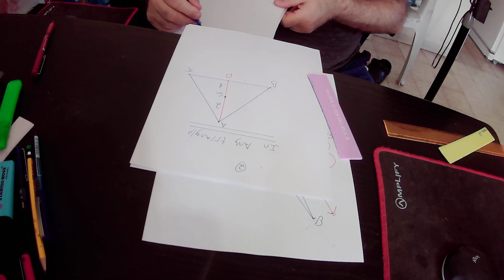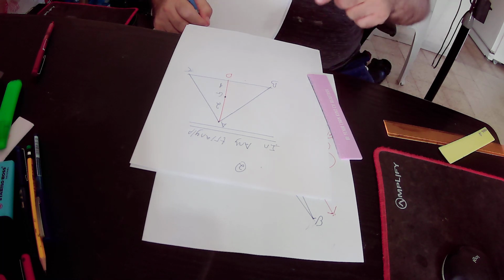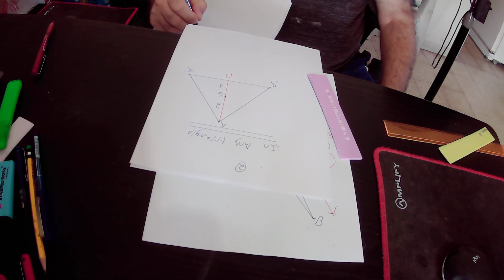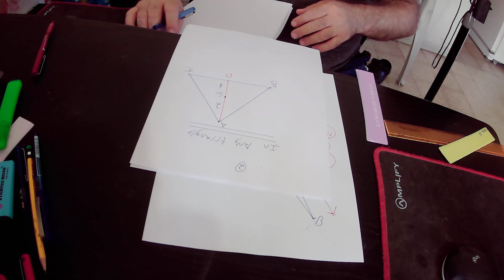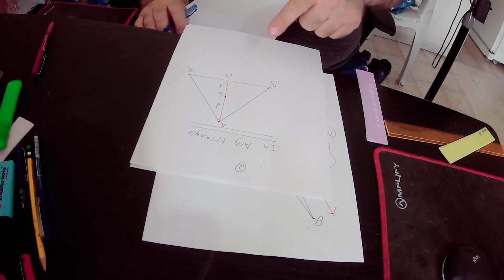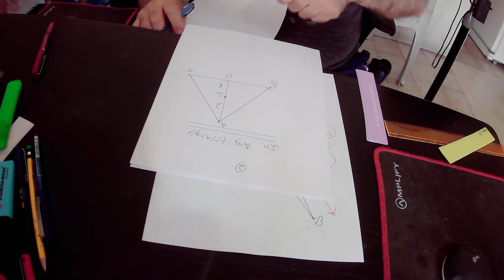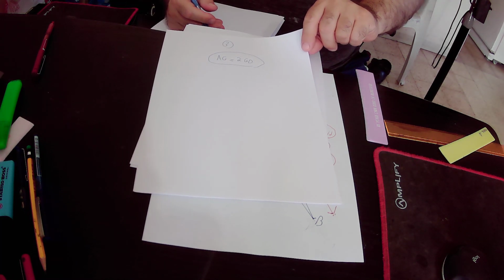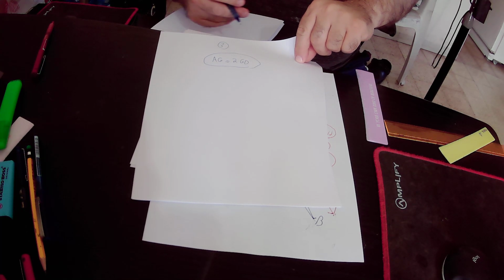Or in other words, AG equals 2 times GD. So according to this rule, the centroid G divides the median AD in such a relationship that AG equals 2 times GD, that is to say AG is twice as large as GD.